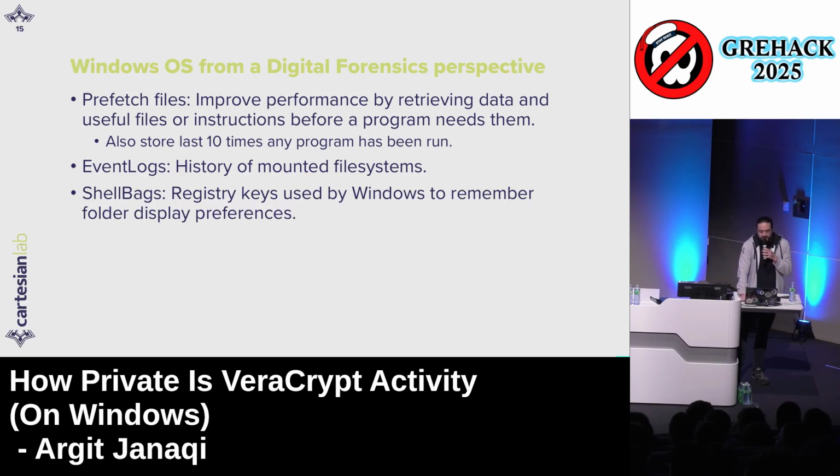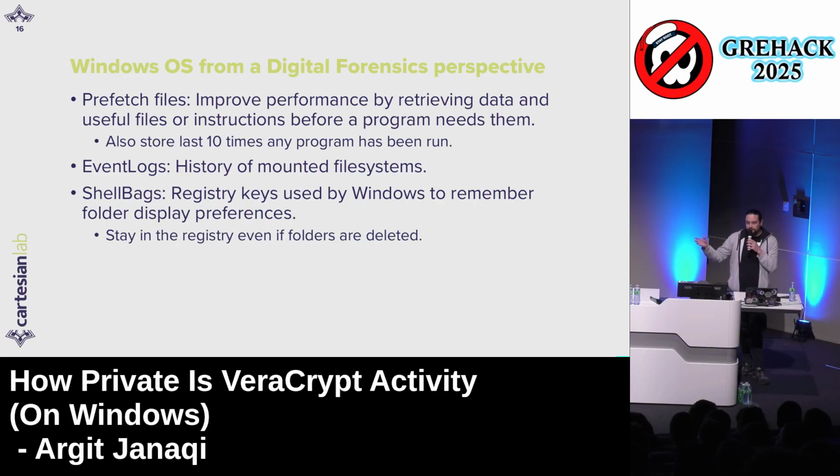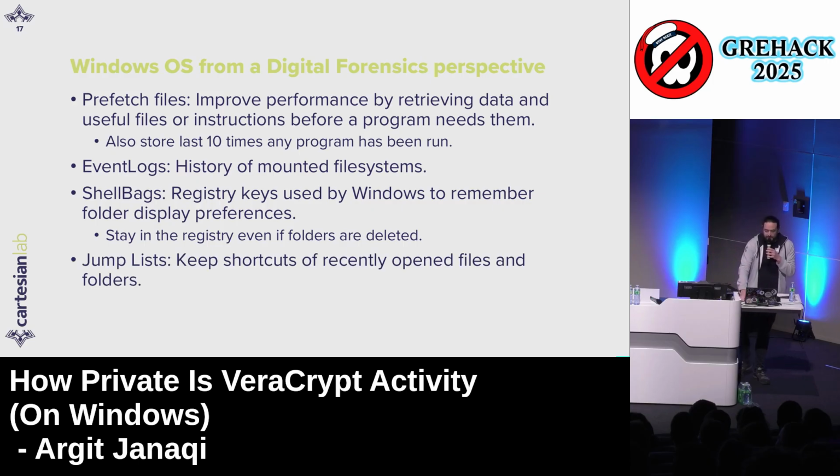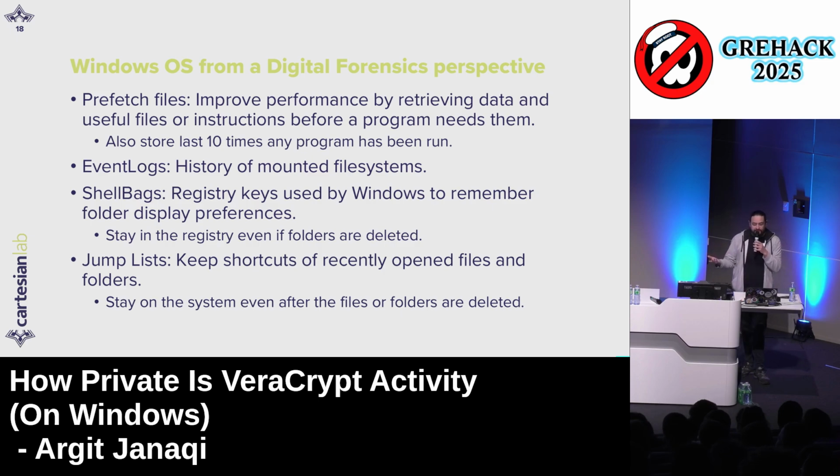The shell bags are the registry keys used by Windows to remember the folder display preferences, and there they stay in the registry even if the folders you accessed are deleted. And the jump list, another example, they keep shortcuts of recently opened files and folders, and these too stay on the system even if the files and folders are deleted from the file system.